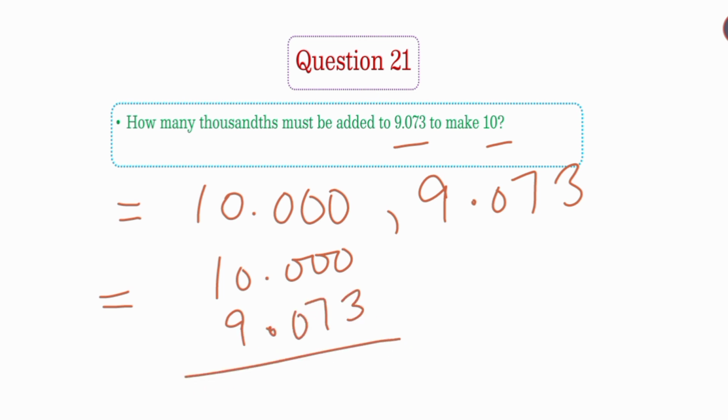If you take away 9.073 from 10, we should get 0.927. So that means if you add 0.927 to 9.073, you will get 10. So the answer is 0.927. Let's move on to the next question.